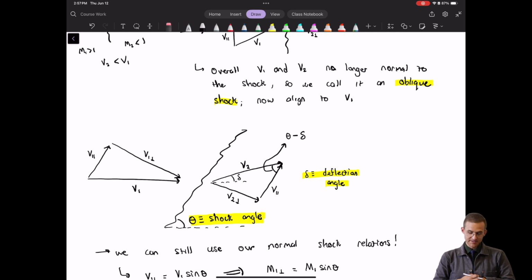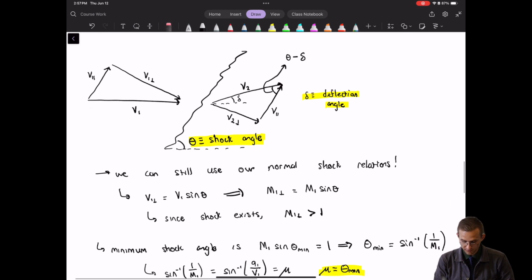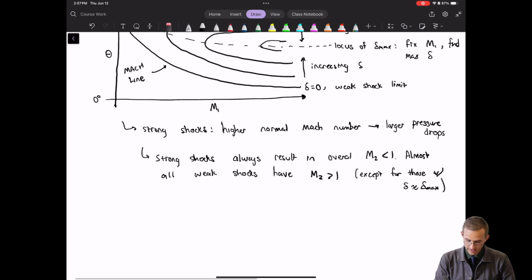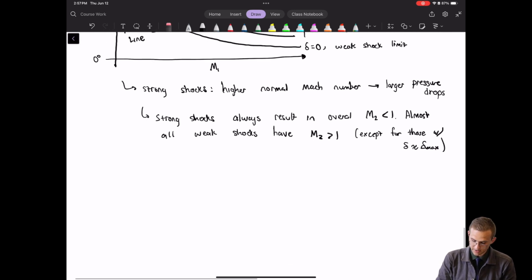And so the downstream velocity V2 might be large enough such that M2 is actually greater than 1, even though V2 perpendicular would not result in a perpendicular Mach number downstream that's greater than 1. Okay, all of that in words, hopefully supplemented with that picture there, explains why the weak shocks have a supersonic overall Mach number downstream of the shock.